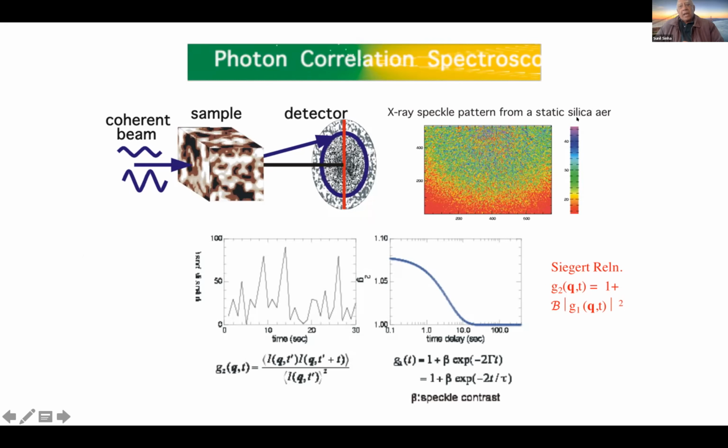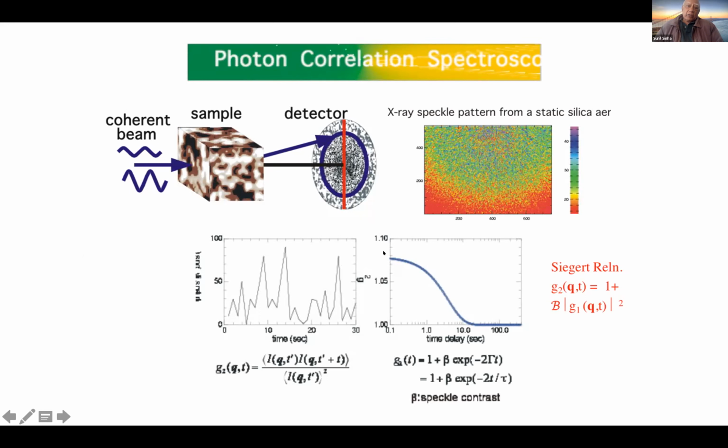Now, as these objects move around, the phase relations change, and so the speckle pattern fluctuates. If you look at a small region of an area detector, you will see the intensity fluctuating up and down in that small area due to the speckles fluctuating in and out of that area.